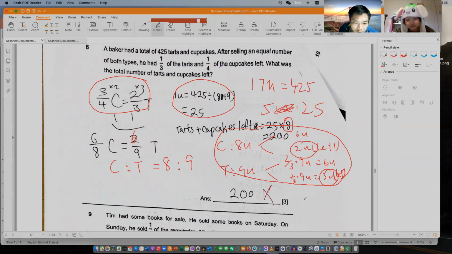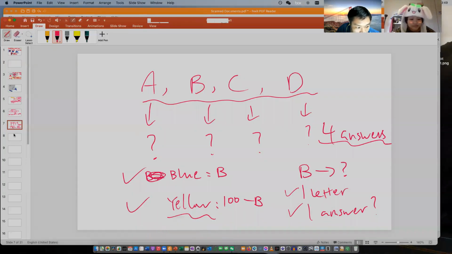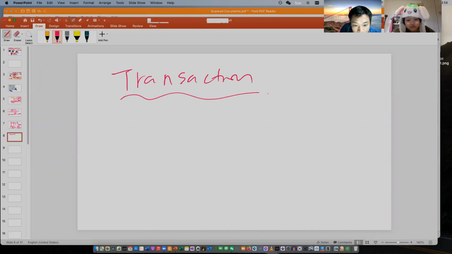And some more. When we use the branching method, for a transaction, I always show you this one going to this one, so both go away. Very good. So whenever we talk about a transaction question, very likely you need to use the branching method.